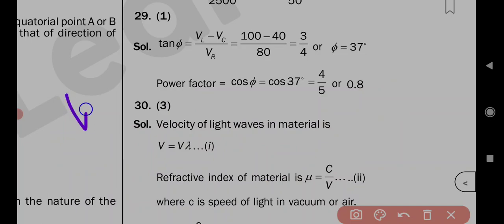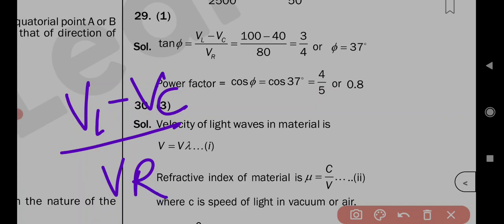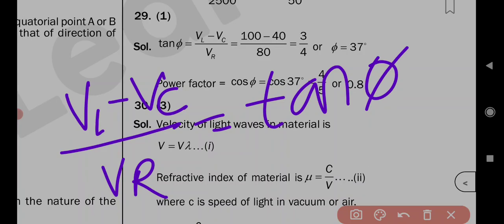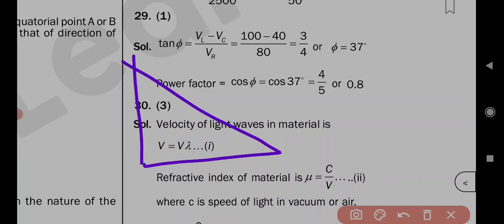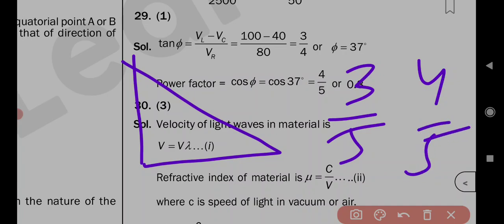First you need to find out tan phi. How do you find it? VL minus VC, no square at all, VL minus VC by VR is tan phi. So in this case we got 60 by 80, that means 3 by 4. 3 by 4 means what guys? See here, there is the diagram, a right angle triangle, 3, 4, 5. So this one is 5.